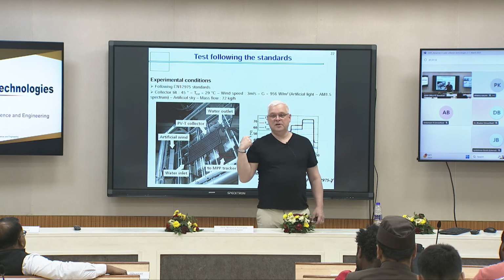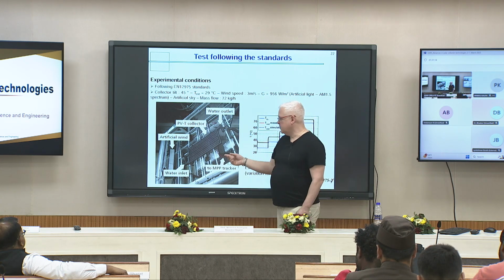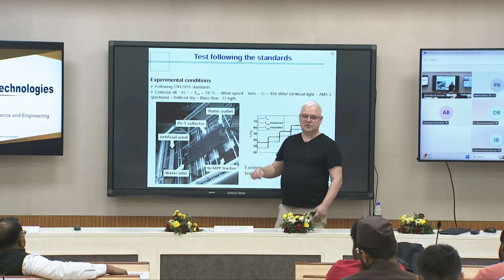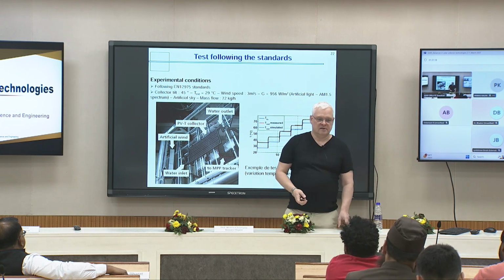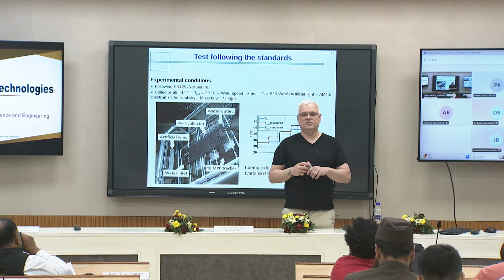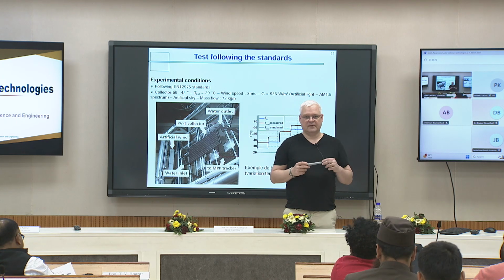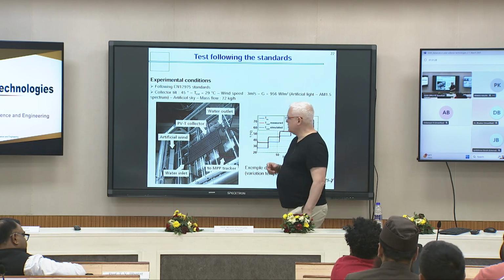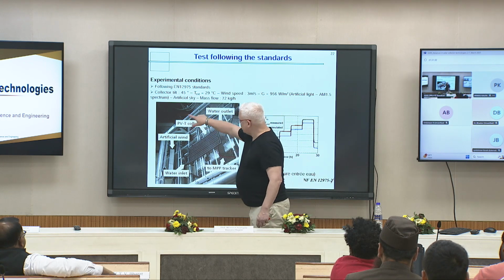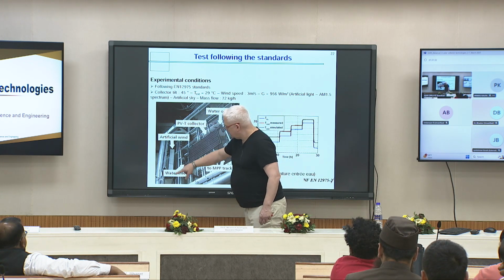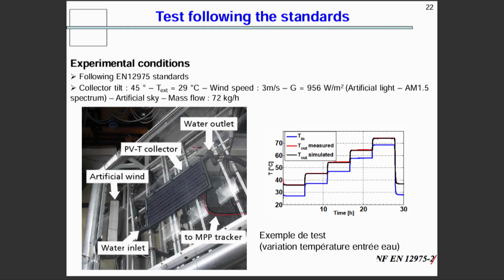So how can we simulate here that this collector is emitting in the direction of the celestial vault? You don't see it, but this frame here is for a big glass, which is over. We can see here some reflection. There is the light here.